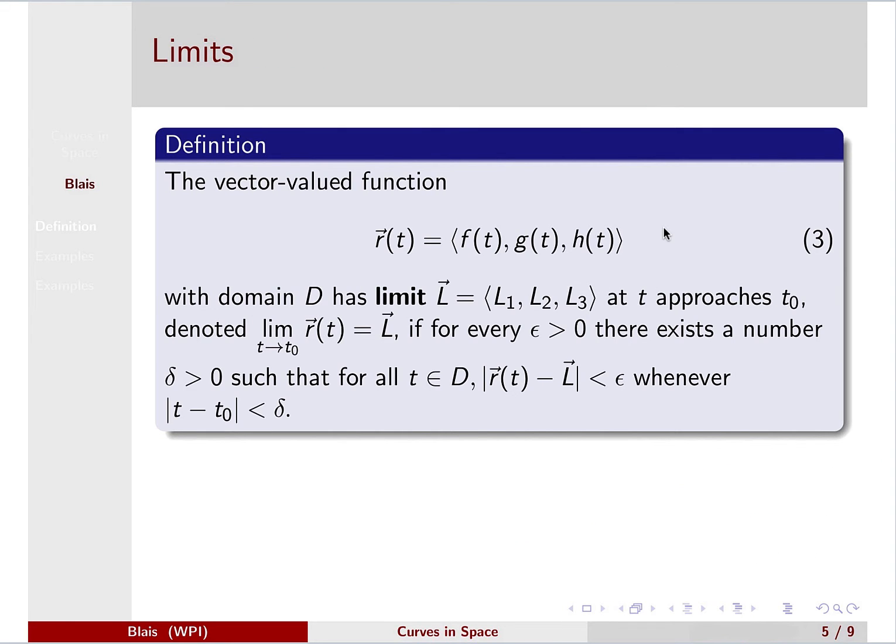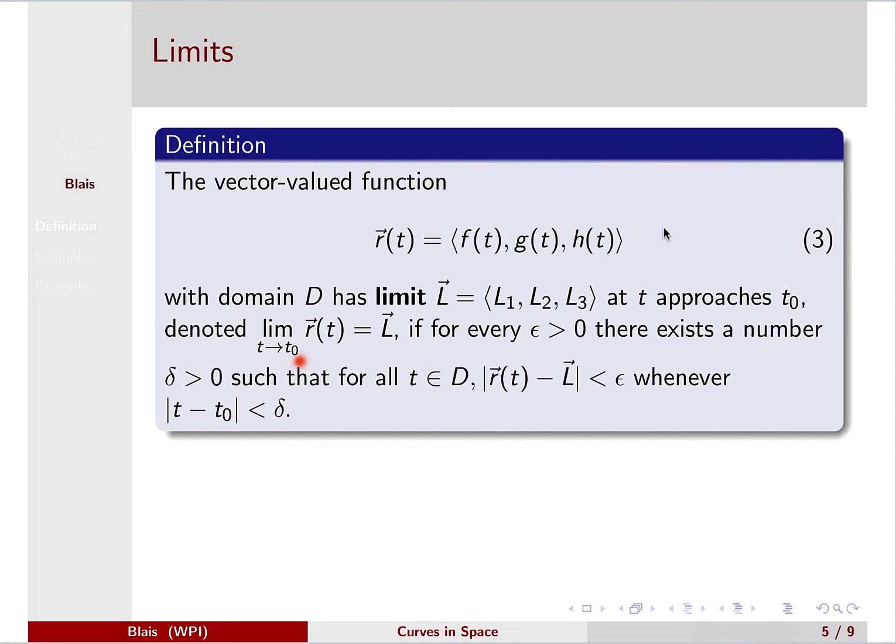Now that we have the idea of a vector-valued function, we need to bring in some of our calculus concepts to this. And the first concept is, of course, the central concept that underlies all of calculus, the concept of the limit. So we say the vector-valued function r of t equals f of t, g of t, h of t with domain D has limit L, a vector of three constants, as t approaches t naught, and we denote it in the usual calculus style.